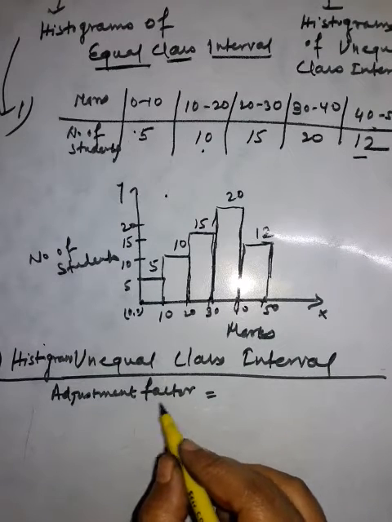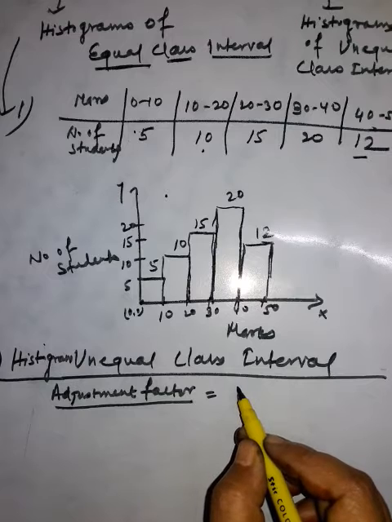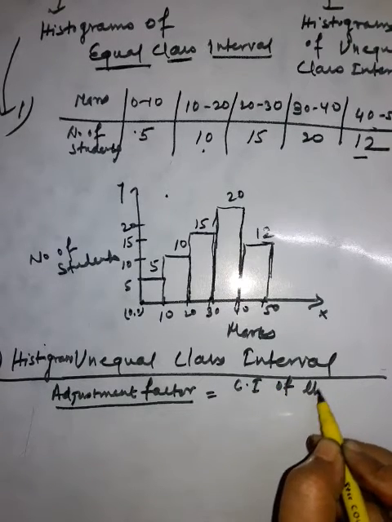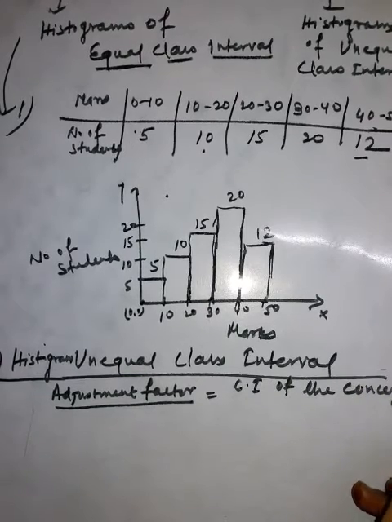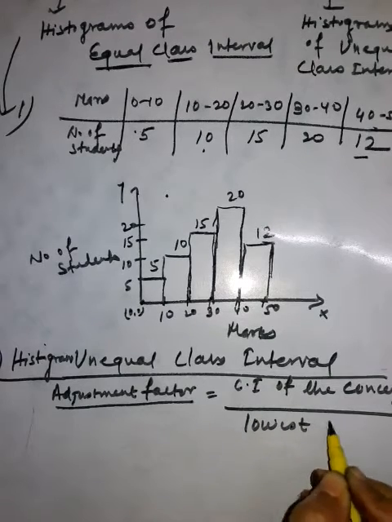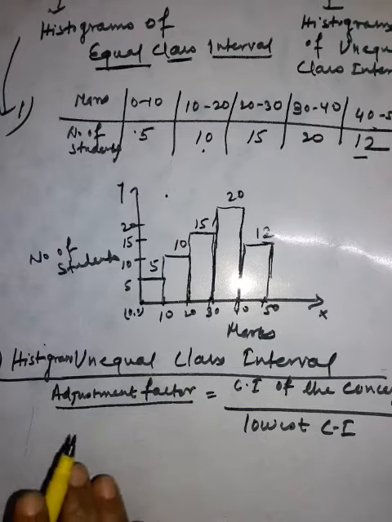How will we find out the adjustment factor? There is a formula for the adjustment factor: class interval of the concerned class divided by the lowest class interval. You must remember this formula.